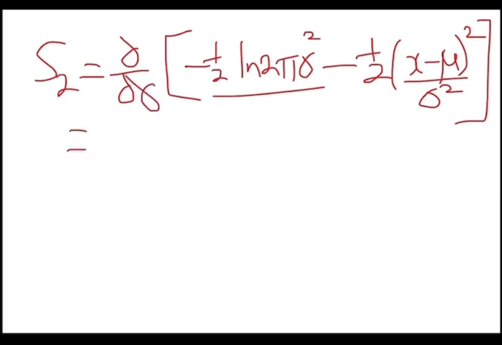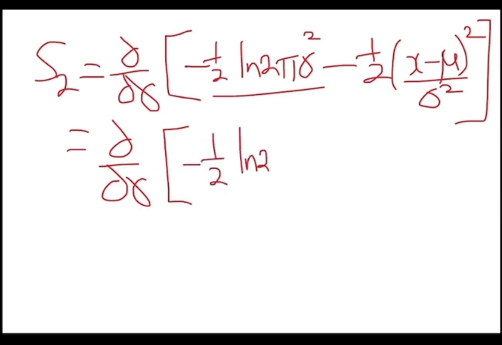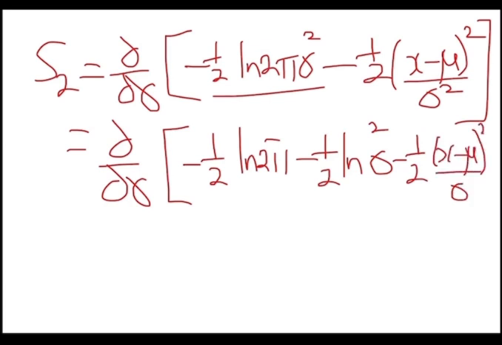So I need to be able to write the function very well first, and tidy it up. So negative half ln 2 pi, negative half ln sigma squared, minus this x minus mu all squared over that. So I want to differentiate that now.